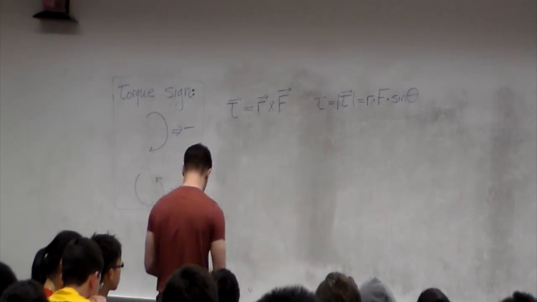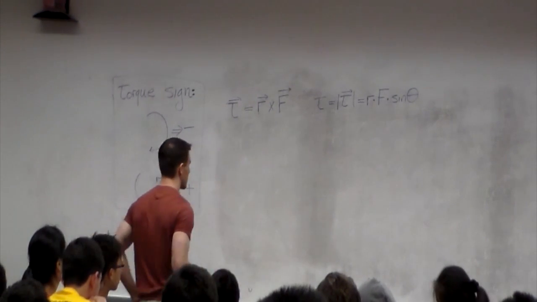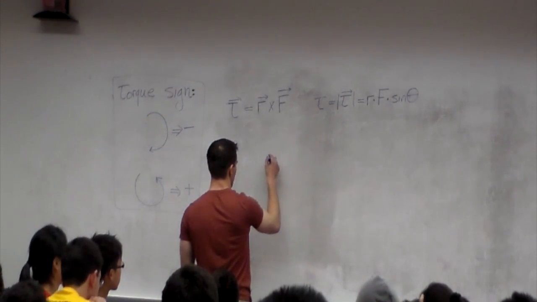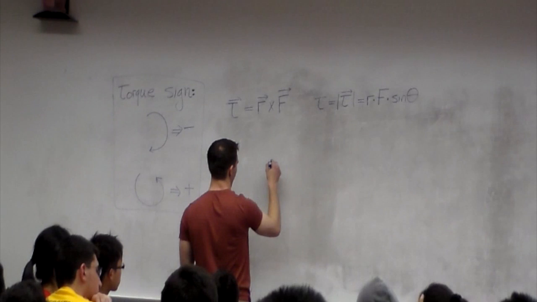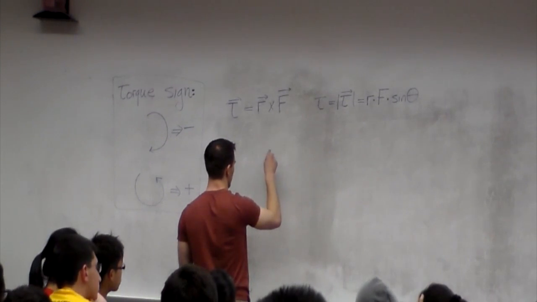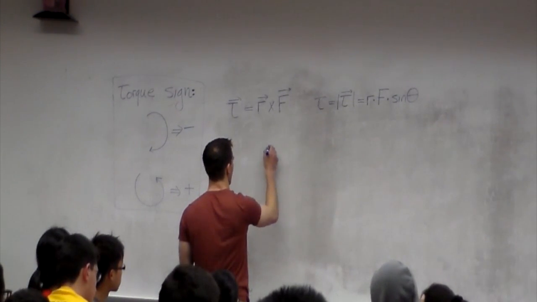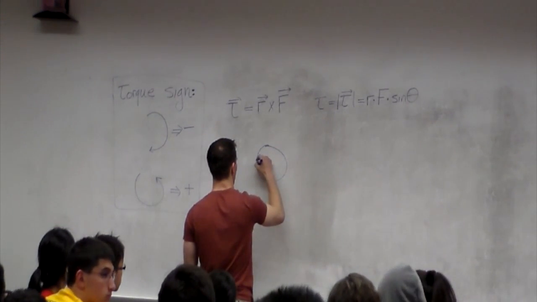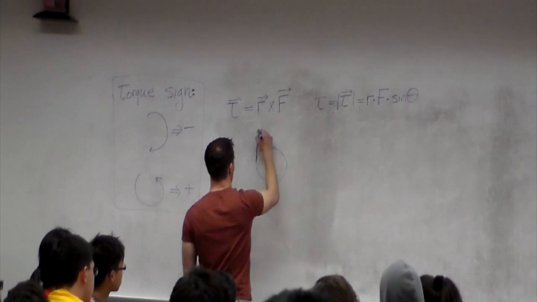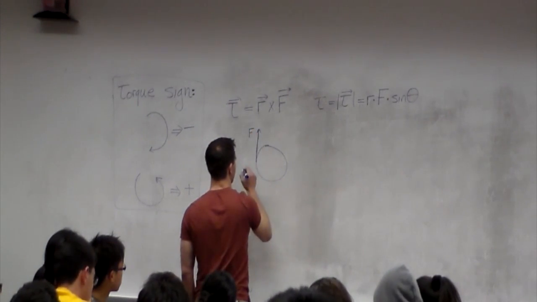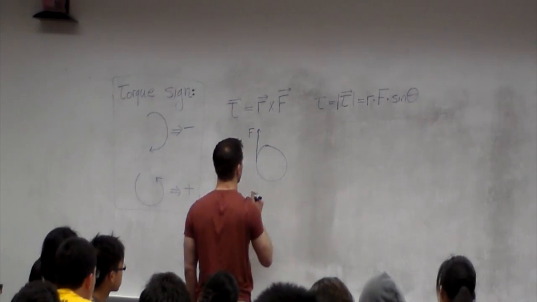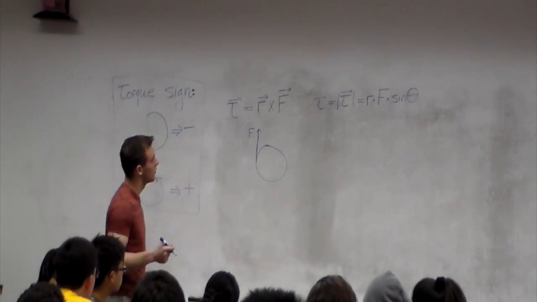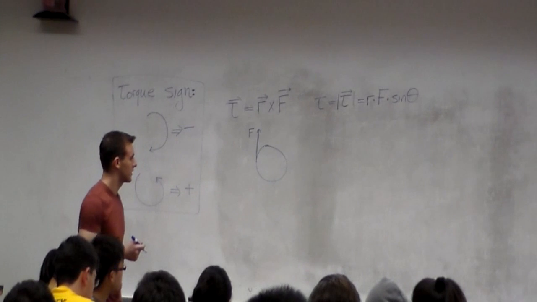So let's try this. If I have, let's say, a wheel, and I apply a force to it. It's F. And I want to know what is the torque about the contact point.